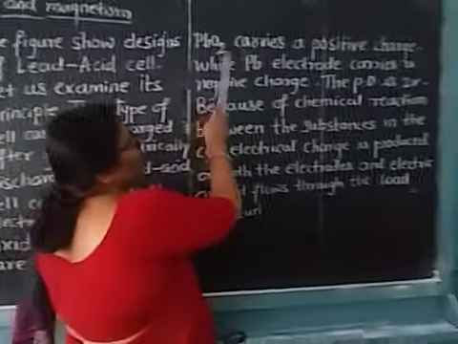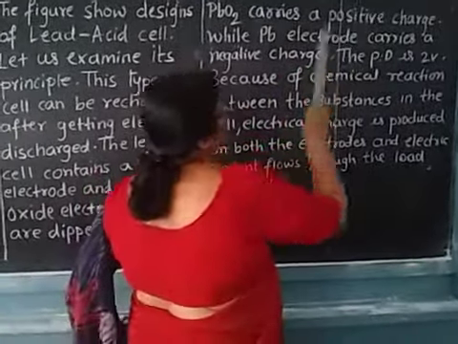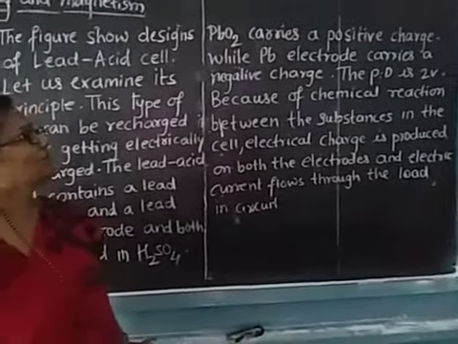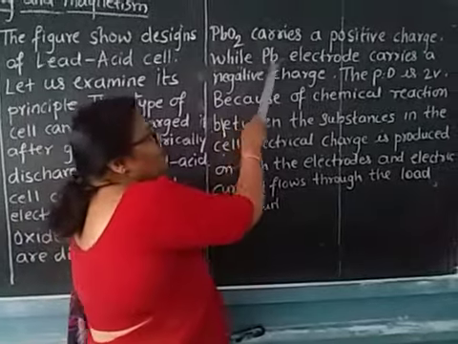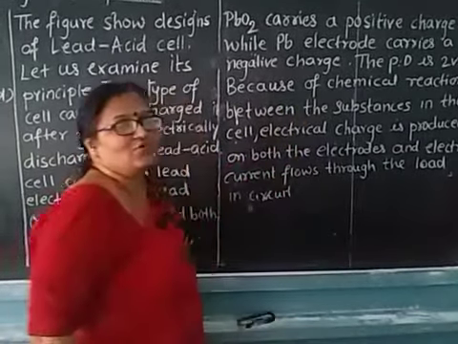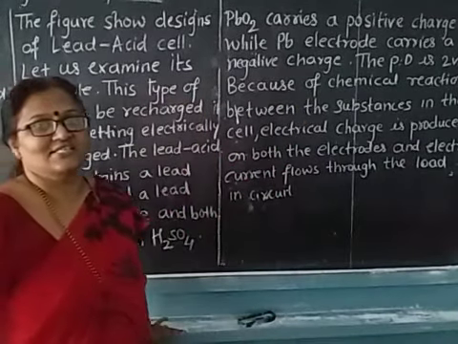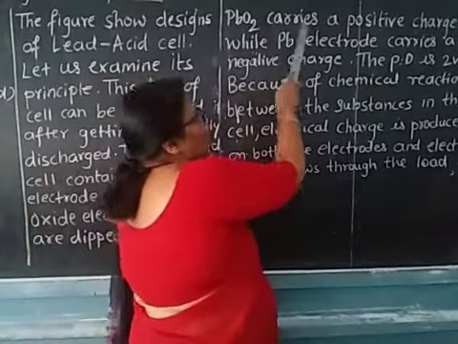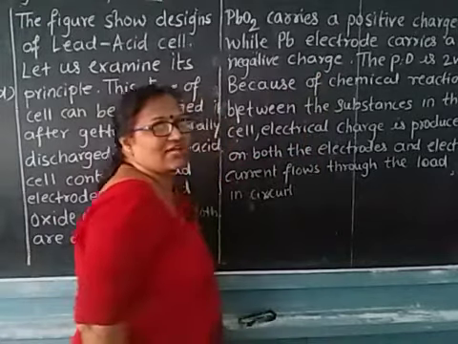Now PbO2 carries a positive charge while the Pb electrode carries a negative charge. There are two types of charges here, one positive and one negative.